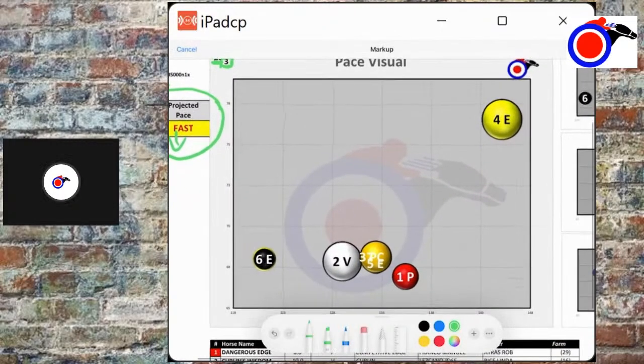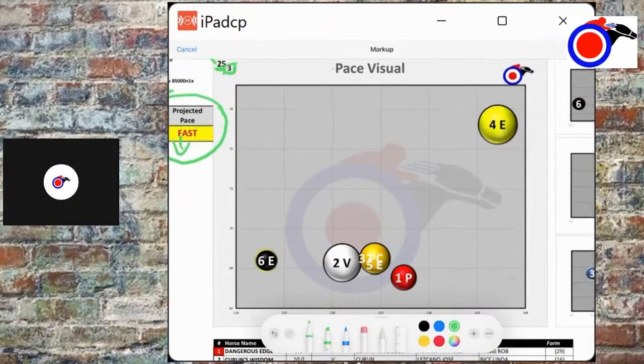The big chart here is a pace visual, and it gives you 2 things. On the left-hand side is your early pace. When you look at early pace, go from the bottom to the top. The best early pace horses are going to be at the top of the pace visual; in this race example, it's the 4. Then you have total pace, and I'll show you in a minute what's over on the other side.